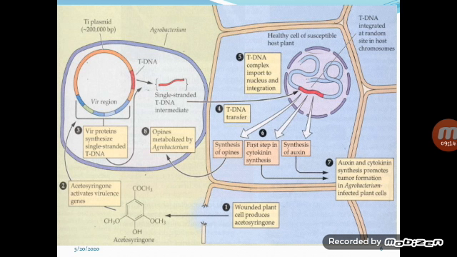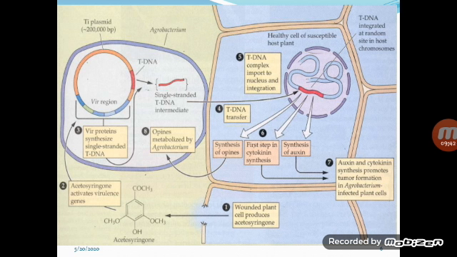Actually, this tDNA is double-stranded, but Vir proteins only synthesize single-stranded tDNA. This single-stranded tDNA is then imported, transferred to the plant cell.